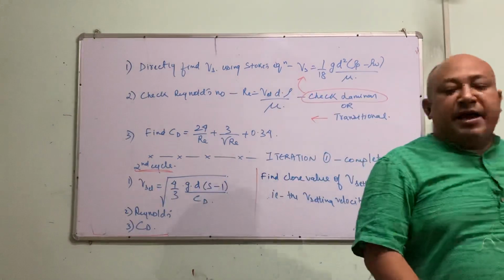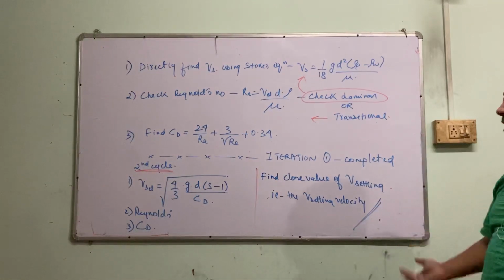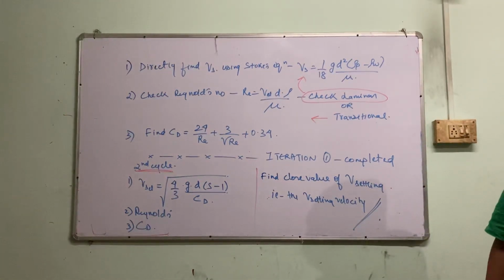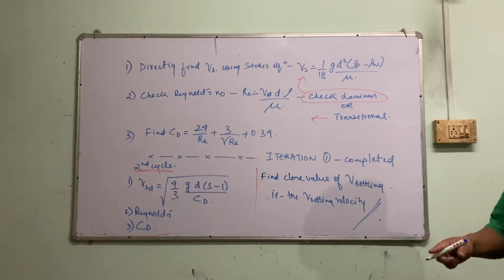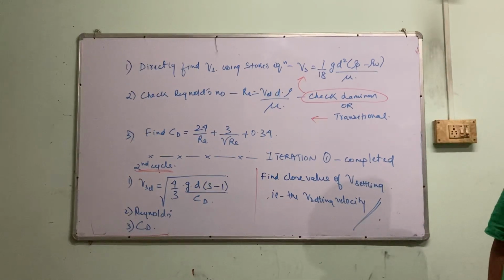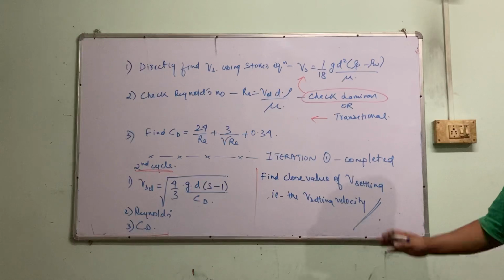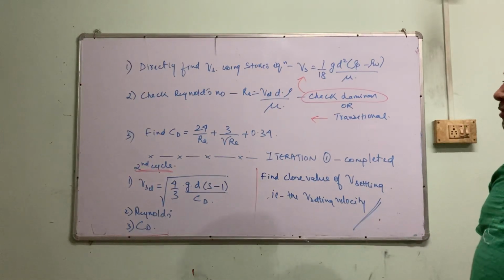Fine. I think I have done enough explaining again and again. The video will be unnecessarily lengthy. So till now I have done the derivation and this one itself. But don't expect that in the exam I'll ask straight away this way. Is that okay? Clear?